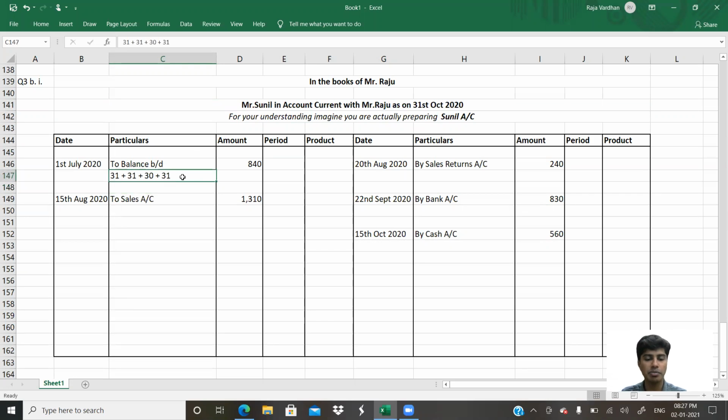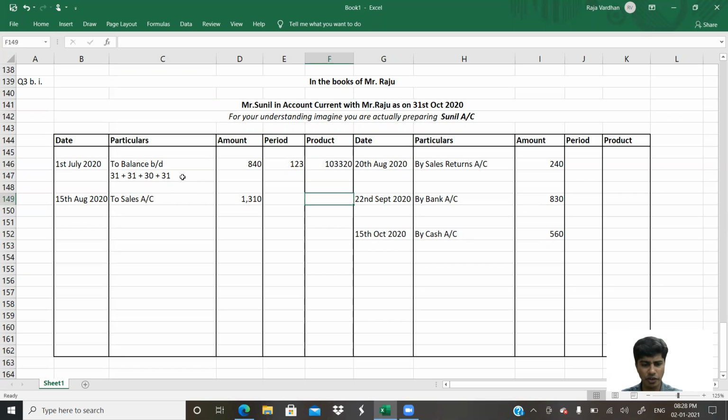So it is 31 plus 31 plus 30 plus 31. That is basically 123. Product is simple, equal to this multiplied by this.